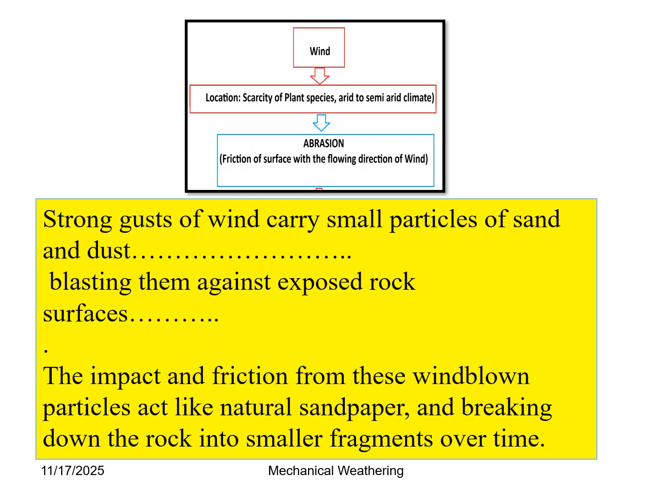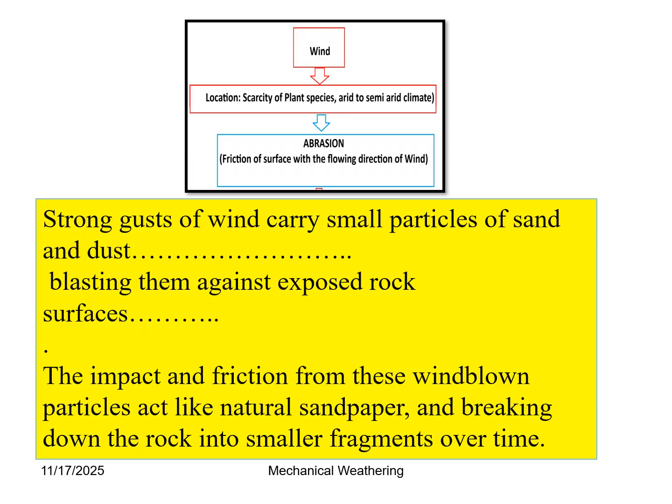Mechanical weathering by the wind. The two processes, friction and abrasion, are very important here. Strong wind carries small particles of sand. Eventually, when the wind velocity decreases, the sand particles fall on the bedrock or the surface.